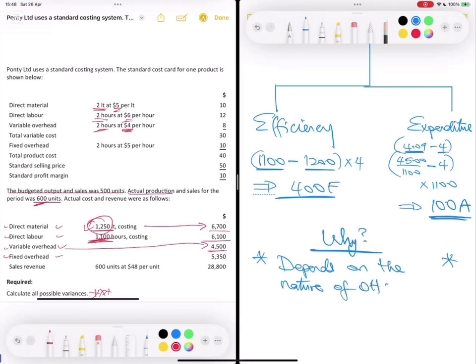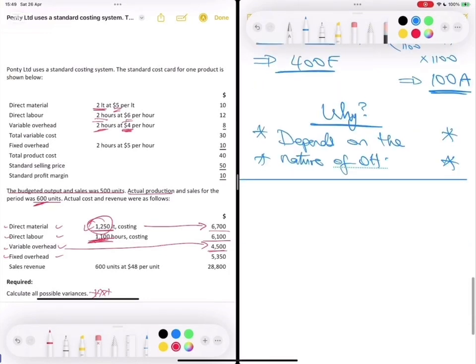It might be depreciation on fixed assets or machines that you're using in the production place. It might be repairs and maintenance. The last one is the fixed cost, which is the only one that is slightly different, like I always say: fixed cost variance.